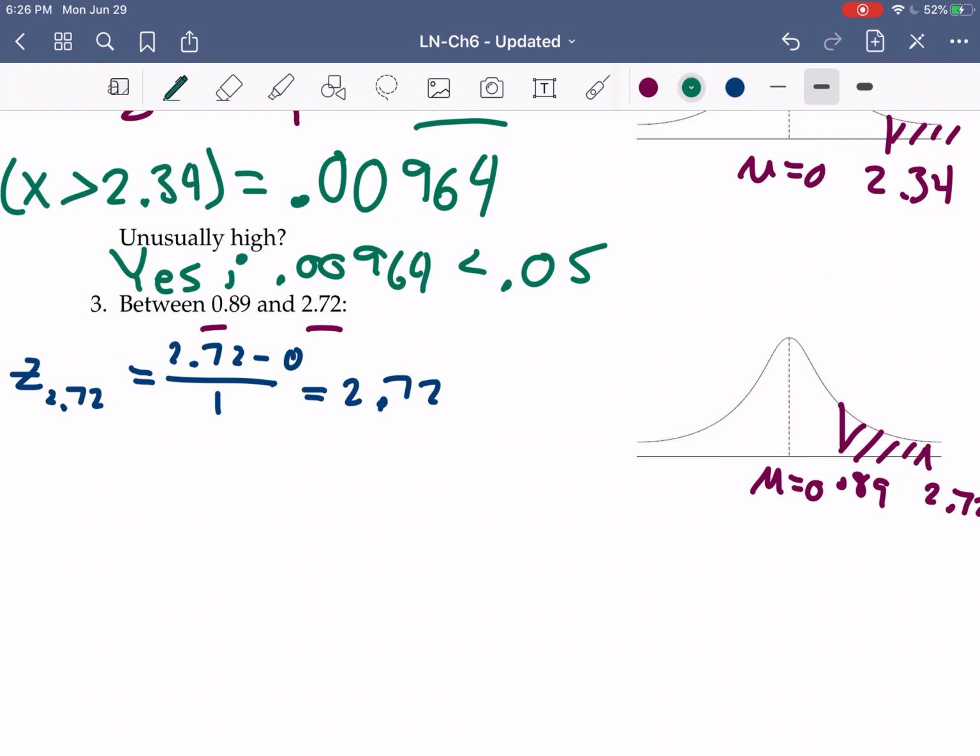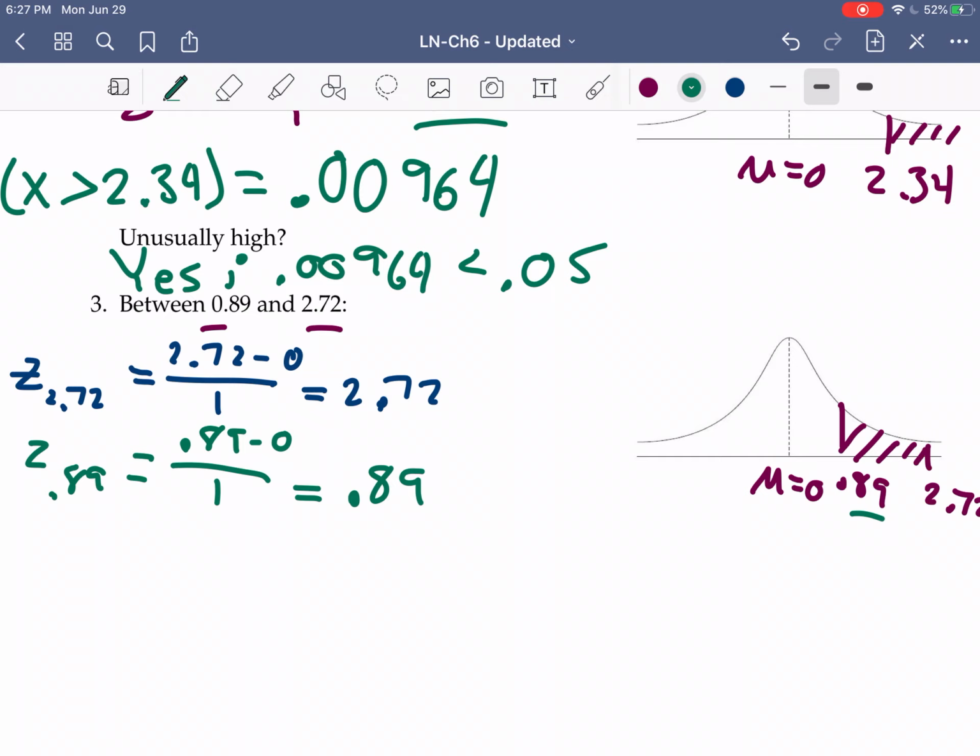We will also do the same for 0.89, so the z-score associated with 0.89 is 0.89 minus the mean of 0 over a standard deviation of 1, which is 0.89. So we convert both of these to z-values, and then we find the area to the left of each one of those values, and then take the difference.